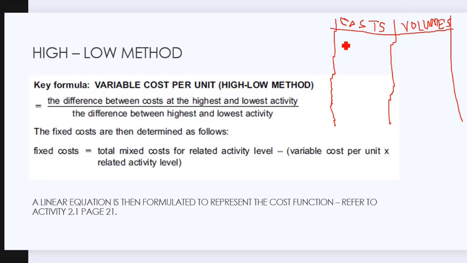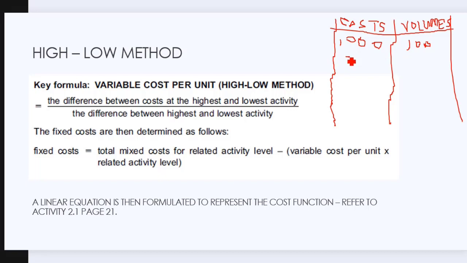So under your cost, you have, let's say, 1,000. This 1,000 rand goes along with 100 volumes. So for you to produce these 100 units, you'd spend 1,000.